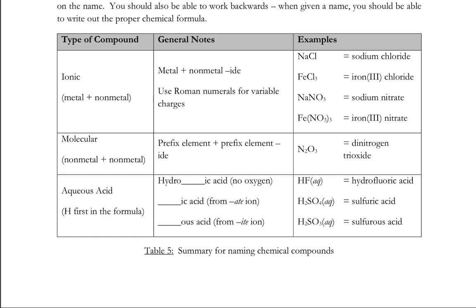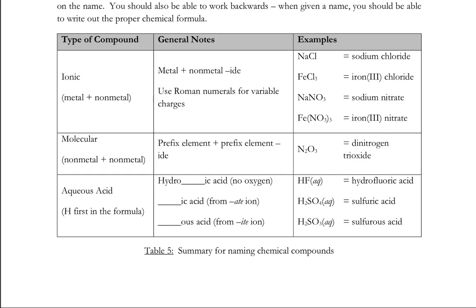So we have iron(III) and then chloride. NaNO3, that's sodium nitrate. Fe(NO3)3, so there we have again the Fe with a 3 plus charge, so we have for the cation iron(III), and then we have nitrate for the anion.